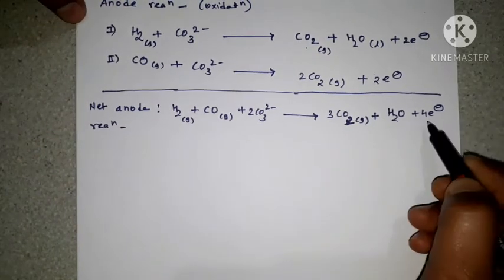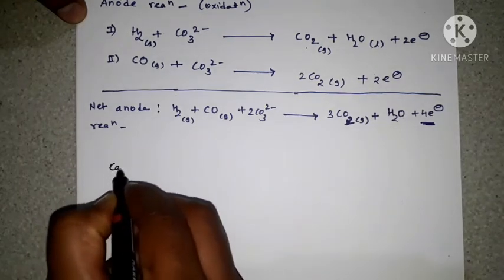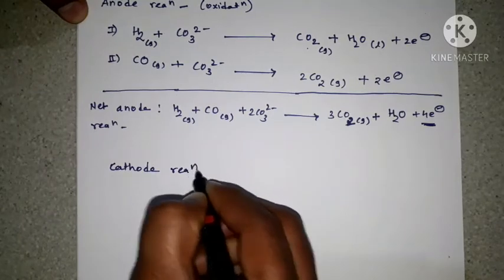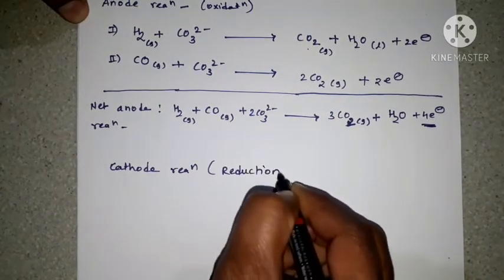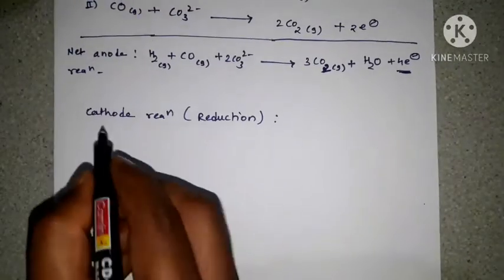As we know, these 4 electrons are used for the cathode half reaction, that is reduction on the cathode. So how do we write the reduction?